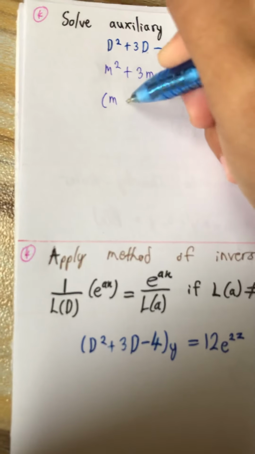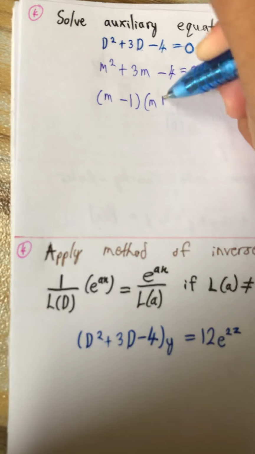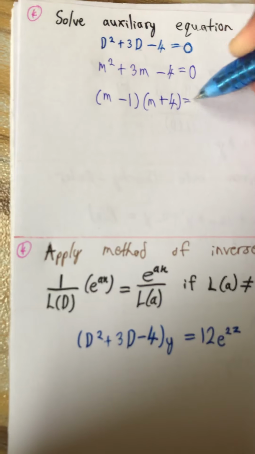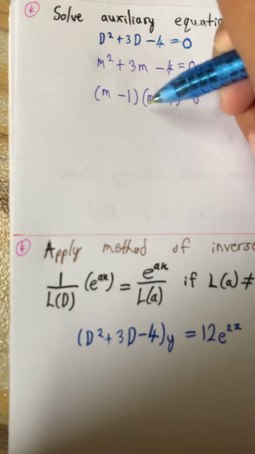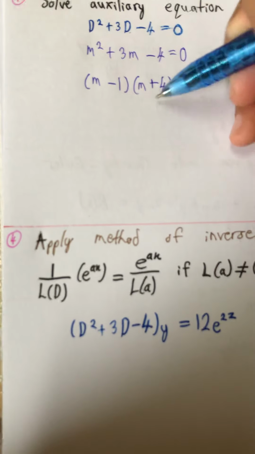So we get (m minus 1)(m plus 4) equals 0. So check it, m squared plus 4m minus m minus 4, okay.